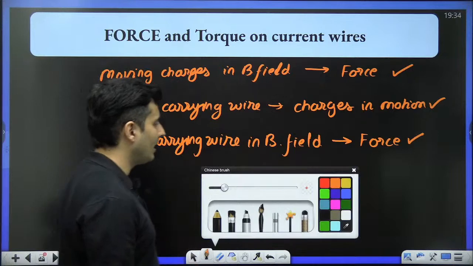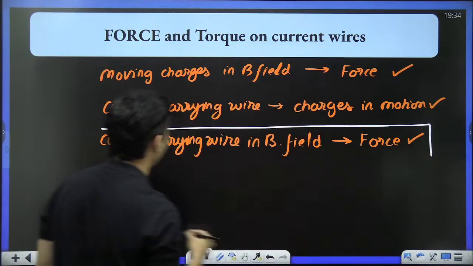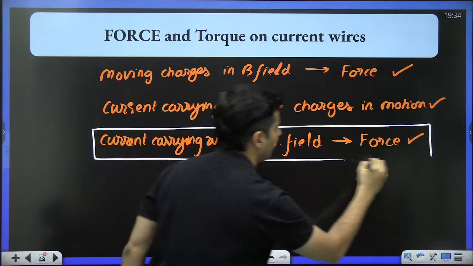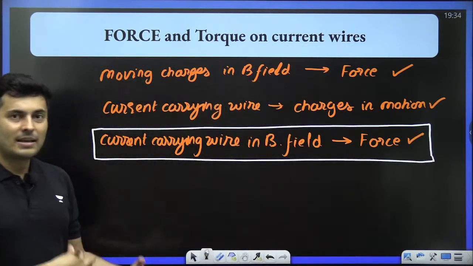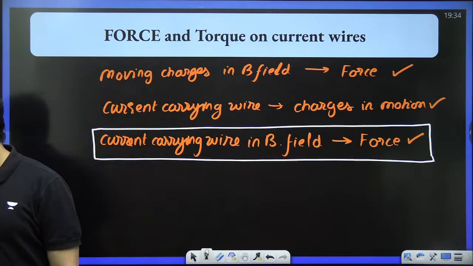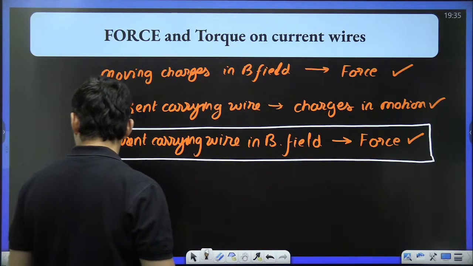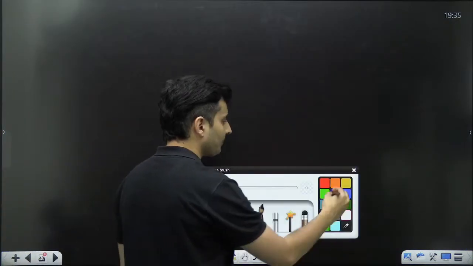So this is what now we are going to study, my dear students. If you take a current carrying wire inside a magnetic field, you will see in most cases it experiences some kind of force. Let's see what that force is. The formula goes like this.